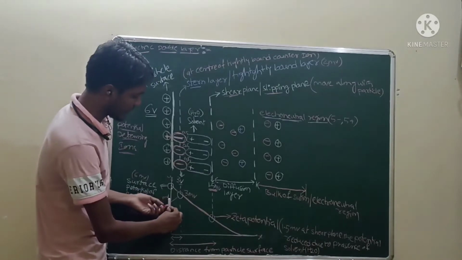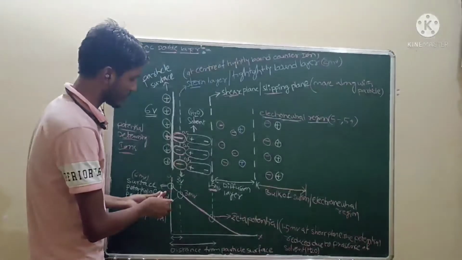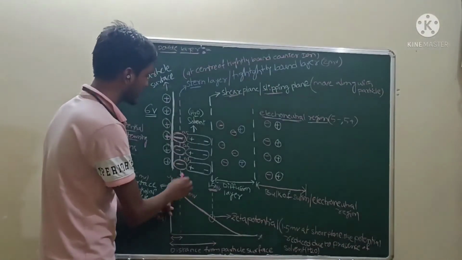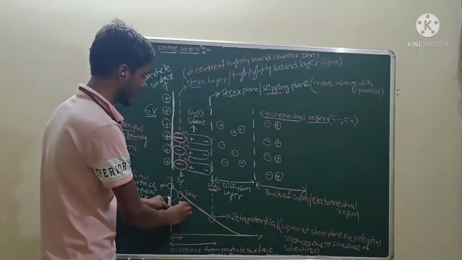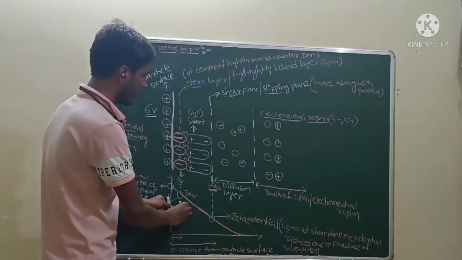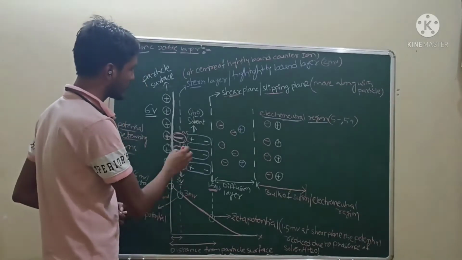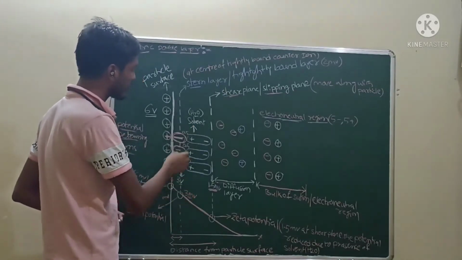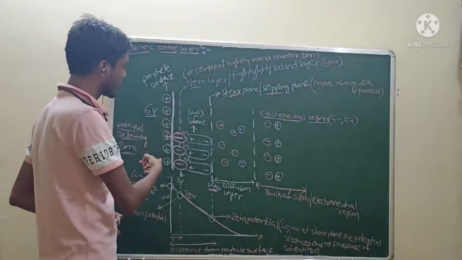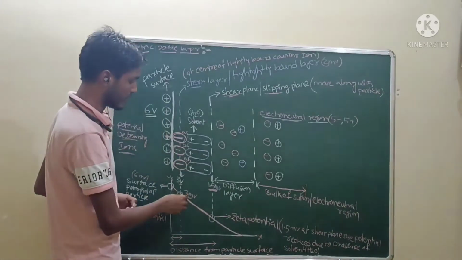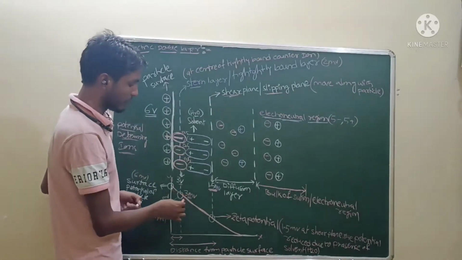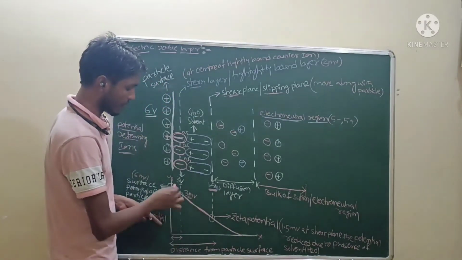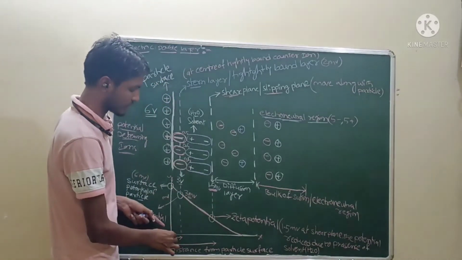From this particle, the Stern layer is present at a certain distance. There is a neutralization of 3 millivolt charge on the surface of the particle. Whenever the distance increases, there is a reduction of potential or charge.